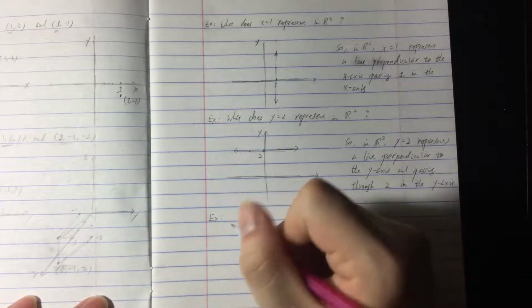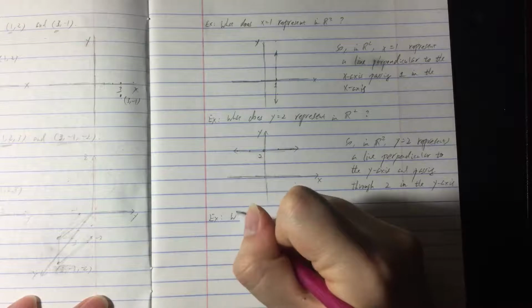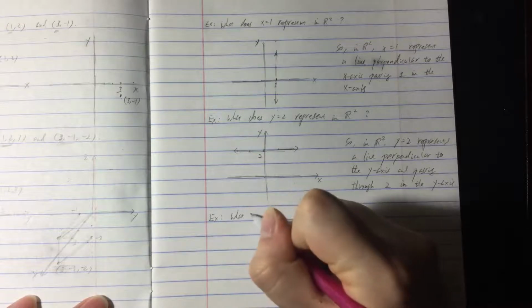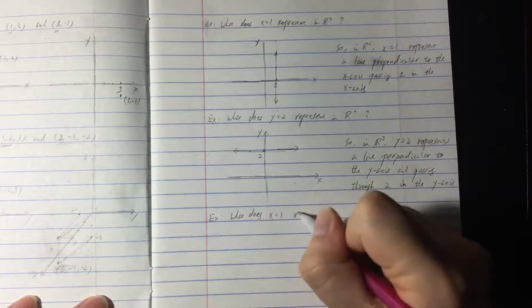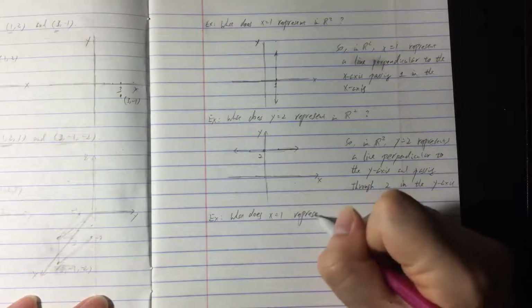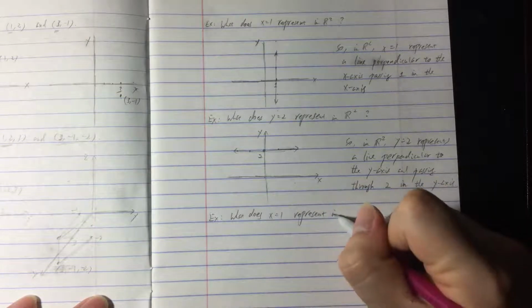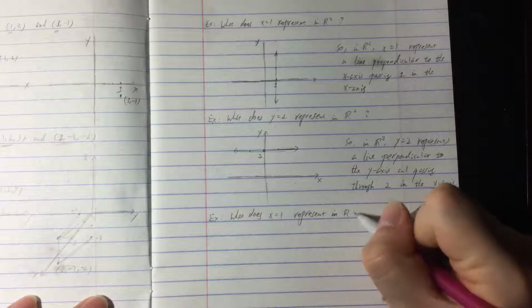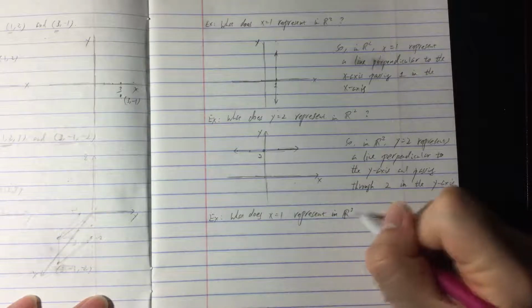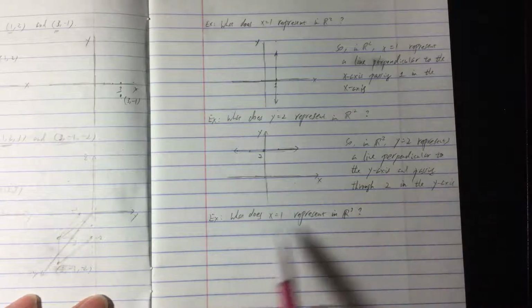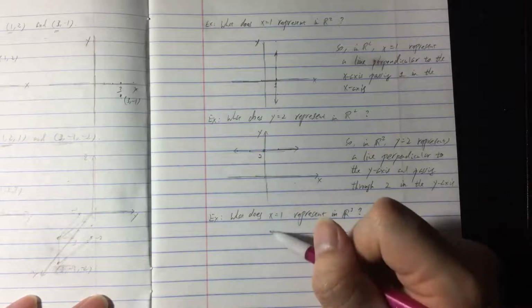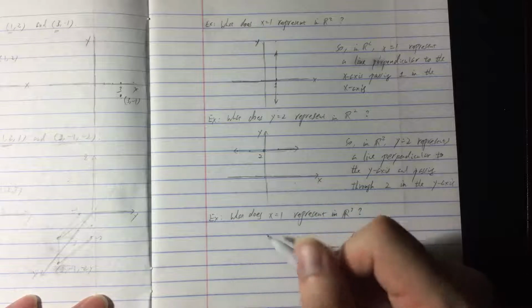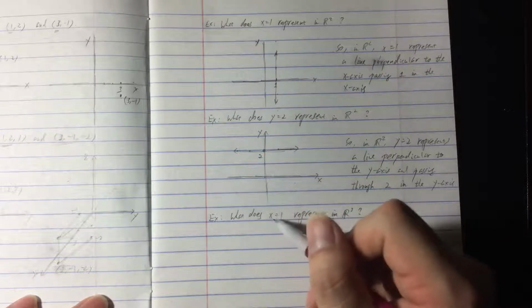what does x equal to 1 represent in R3? x equal to 1 represents the set of all points that satisfy the equation x equal to 1.